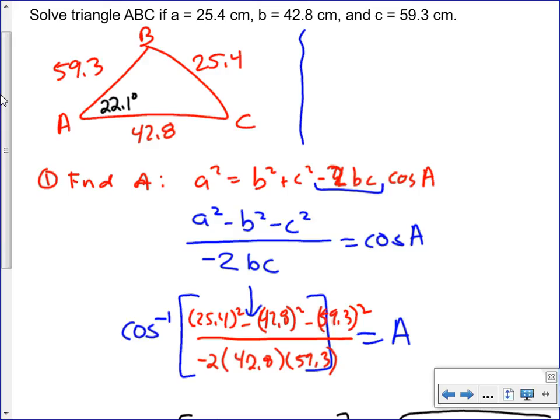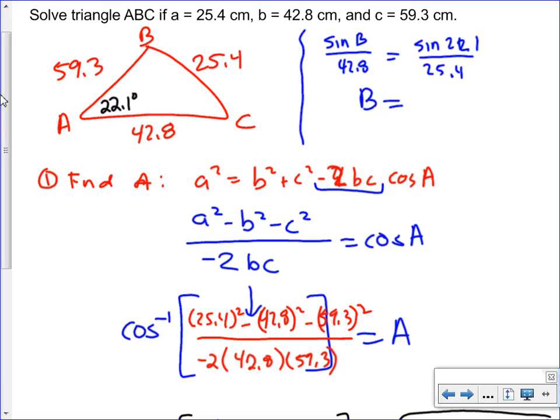Let me do it up here. So to find angle B, it would be sine B is to 42.8 as sine 22.1 is to 25.4. Right?